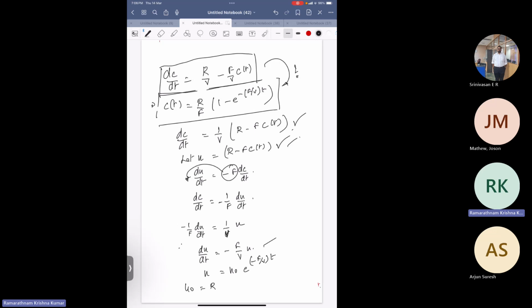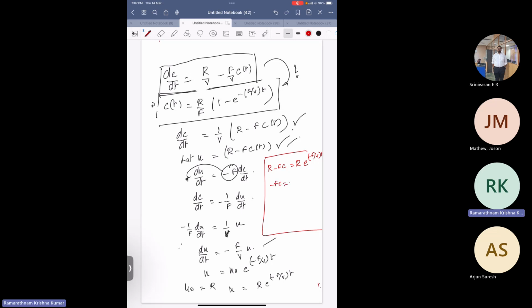So U naught is equal to R, right? Yes, sir. So U becomes what? R into e power minus F by V into t, right? So what is U, substitute here. What do I want? I want C. So R minus FC is equal to R into e raised to minus F by V into t.